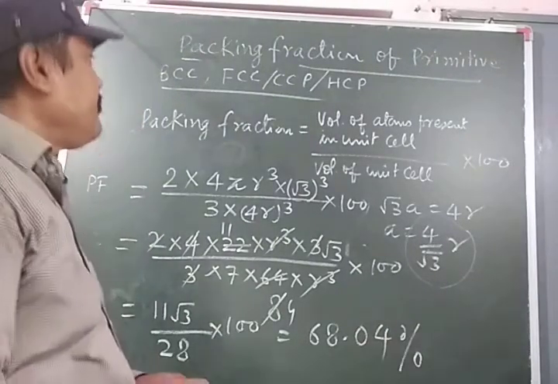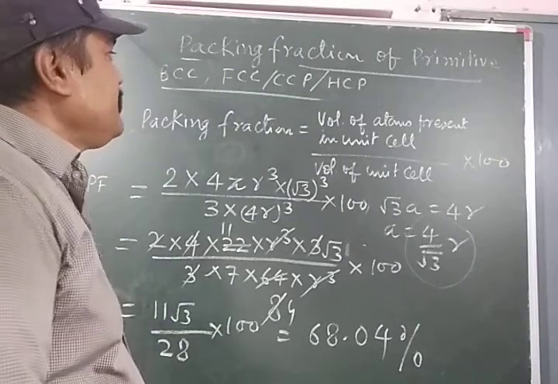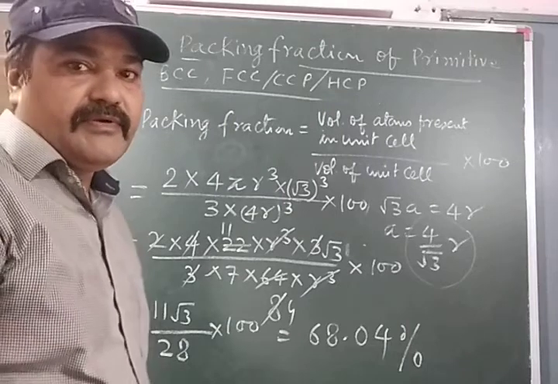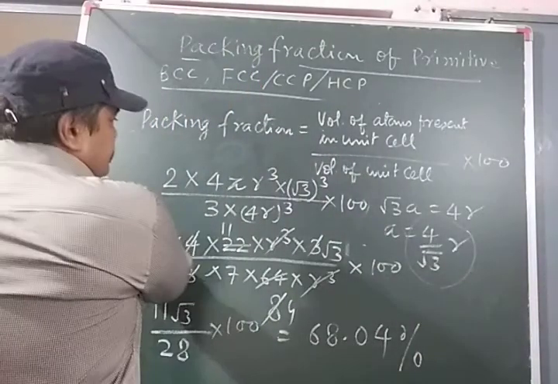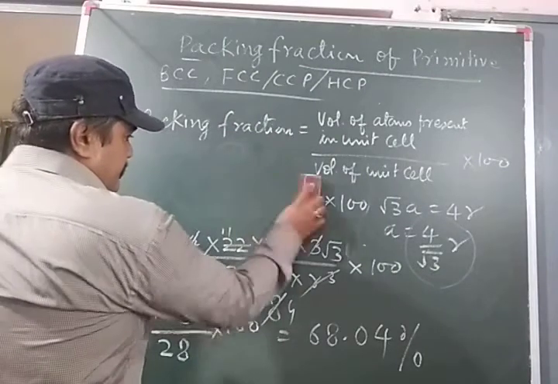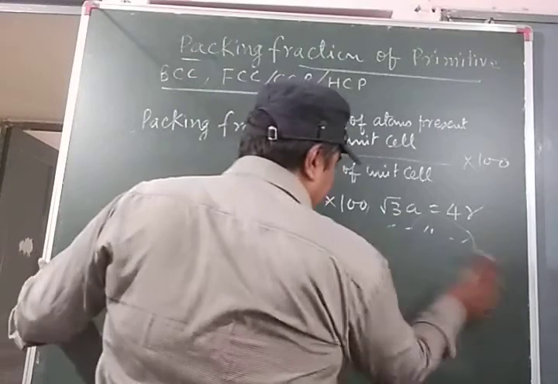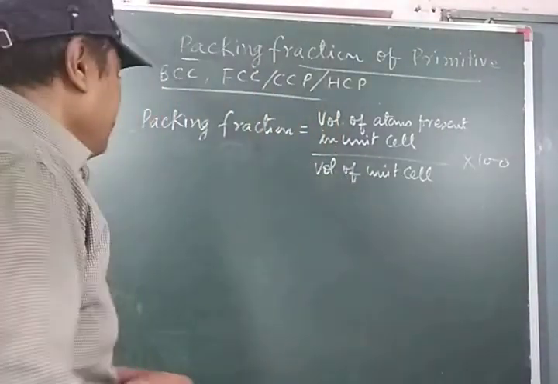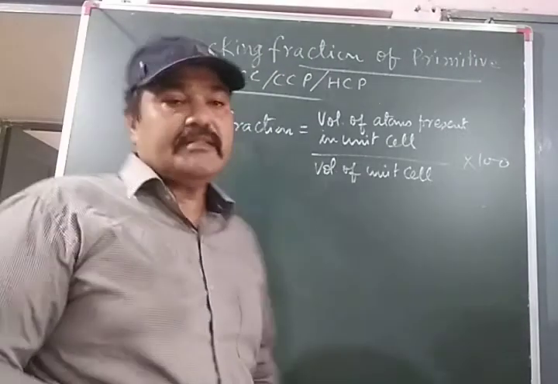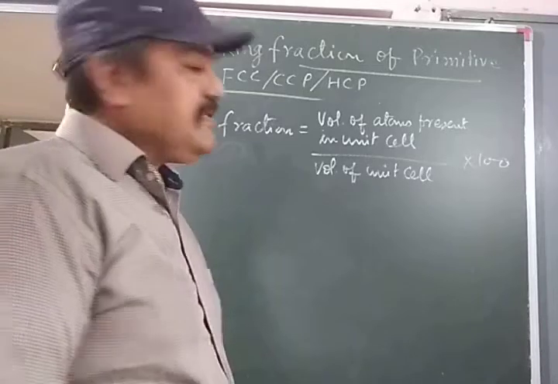Now we will find out the packing fraction for the FCC, CCP or SCP unit cell. Okay. Again we have to find out the relationship in between the edge length and the radius of the sphere.